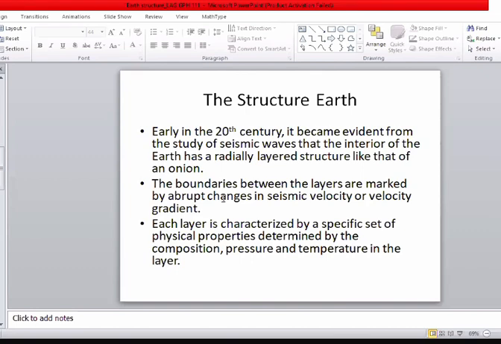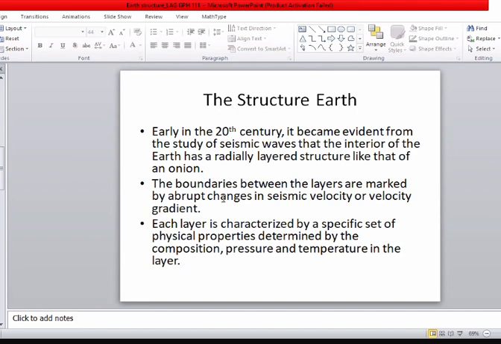So there are boundaries from one layer to another, and because there is an abrupt change in the velocity of the seismic wave, it is telling us that we are moving from one layer to another, bringing into fore the knowledge of refraction that you have.